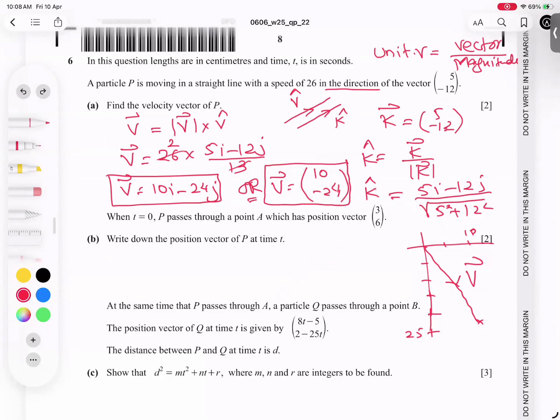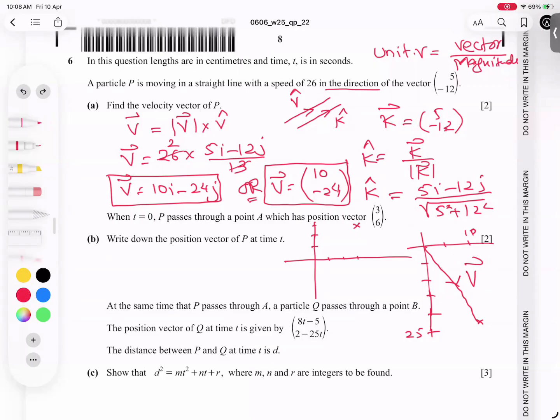Now listen, please. This vector arrow, the velocity, will start from (3, 6). Where is (3, 6)? So 1, 2, 3, and 2, 4, 6. So this is the point here. So this arrow will join here. So look now, students.